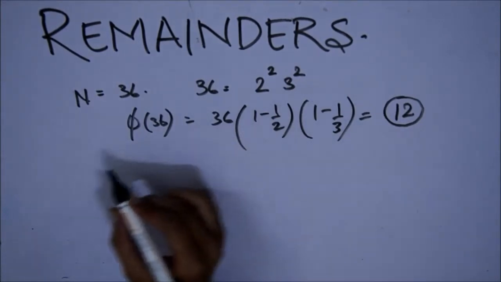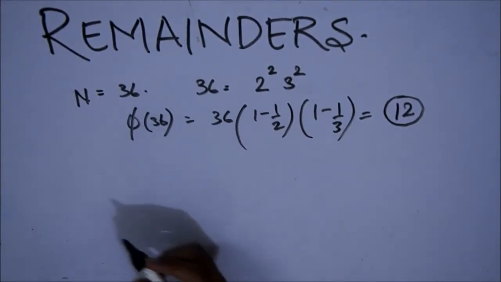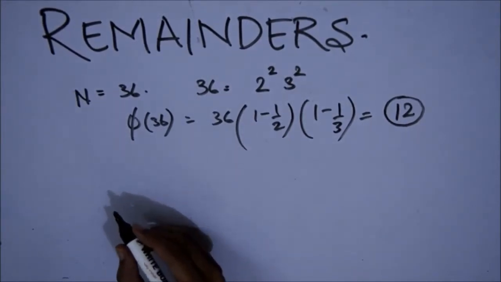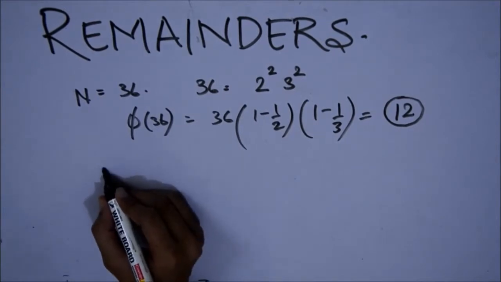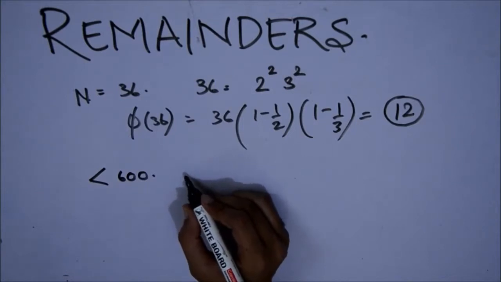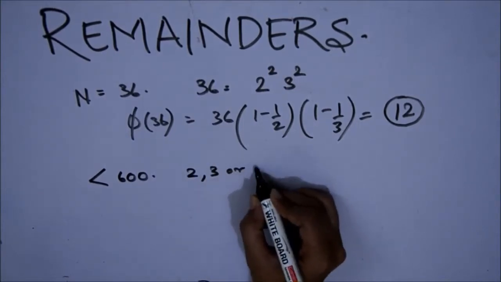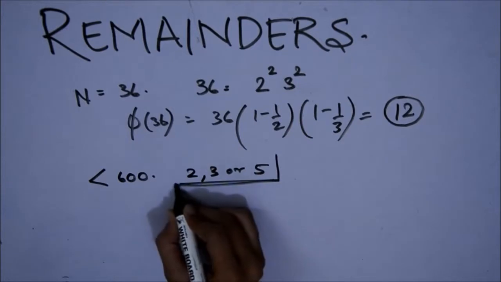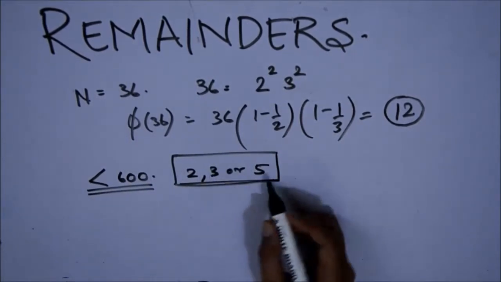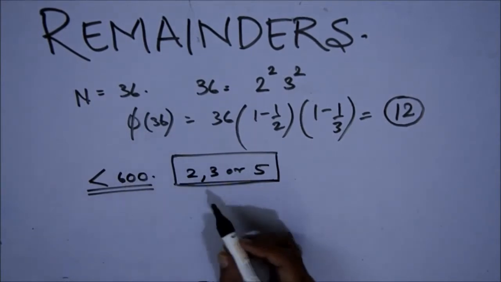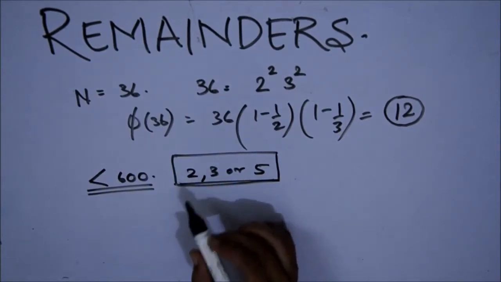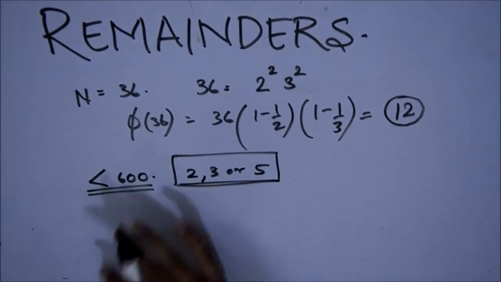Now let's take an example of how to use this. We have to calculate the numbers less than 600 which are not divisible by 2, 3 or 5. Since 600 has three prime factors, 2, 3 and 5, we have to calculate all the numbers that are less than and co-prime to 600.